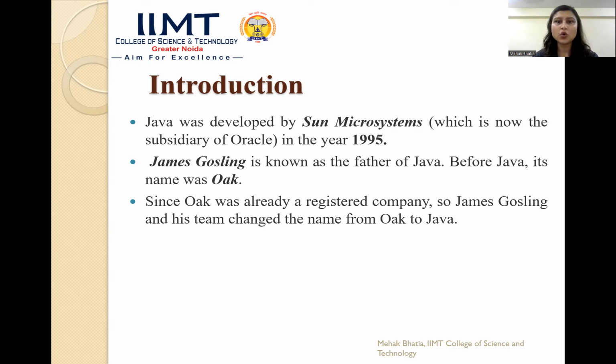Since Oak was already a registered company, James Gosling and his team had to change the name from Oak to Java. This was a brief history about Java programming language.